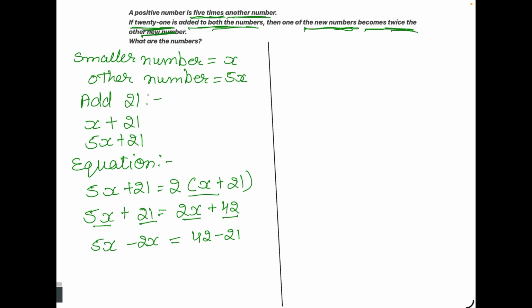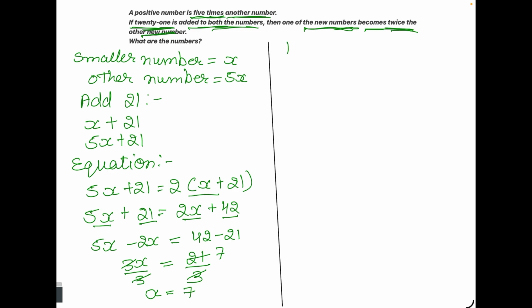We shift positive 21 to this side, it will become negative. 5 minus 2, 3x, is equal to 42 minus 21 is equal to 21. Now we will divide both sides by 3. Both 3 cancelled out, and the value of x is equal to 7.